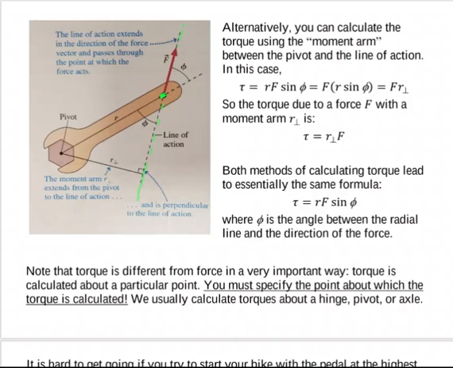Now we have a radius, a radial arm, the moment arm here. I just crossed that off, but I wasn't trying to. So the moment arm is designated R perpendicular and extends from the pivot point, and it crosses the line of action at a perpendicular angle.